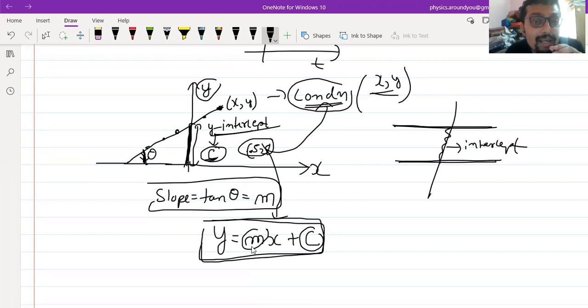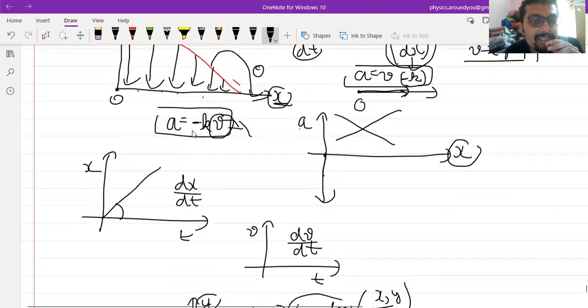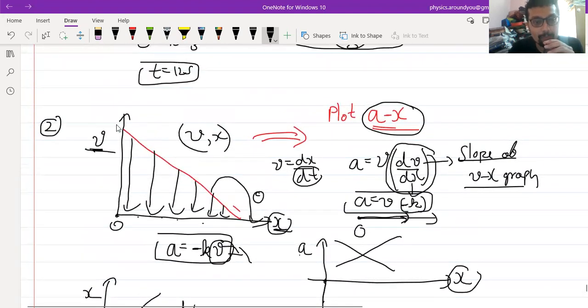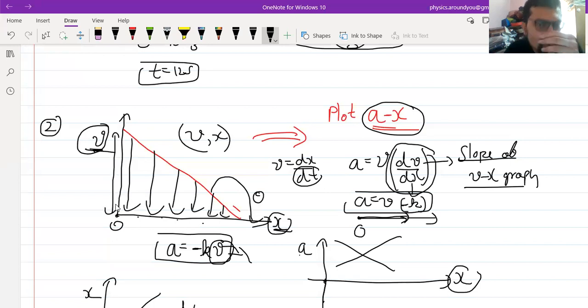What is m? m is the slope of the line. What is c? The y-intercept of the line. Now, can you frame a similar condition for our Vx plot? Instead of y, what do we have? V. And what is this? Some constant number, V naught.